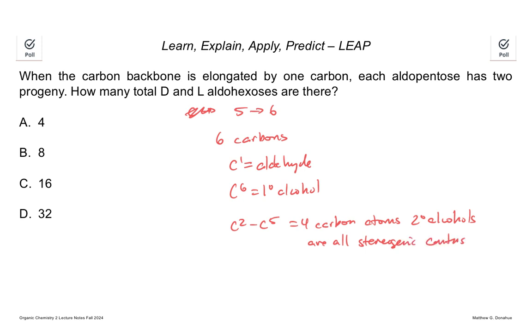So now we have 2 to the 4, and that's going to get us 16 total stereoisomers. So we have 8 D plus the mirror image is 8 L. That gets us our 16.